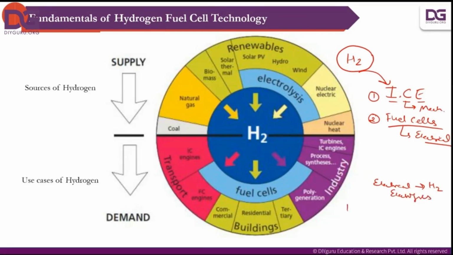Generally, if we want to convert electrical energy to hydrogen, we use the electrolysis process. And if we convert hydrogen to electrical energy, they are opposite, and that technology we use in a fuel cell. They are mirror opposite parts. Using electrical energy, we can extract hydrogen, and from hydrogen we can also extract electrical energy. Converting electrical energy to generate hydrogen is called the electrolysis process.